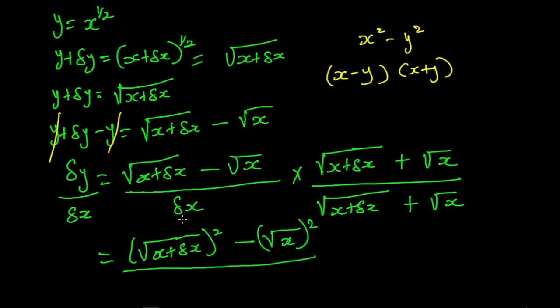So everything divided by the product of the denominator is going to give us delta x multiplied by the square root of x plus delta x plus the square root of x. So this is still the same as delta y over delta x.